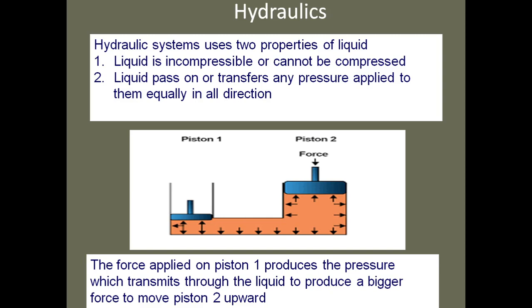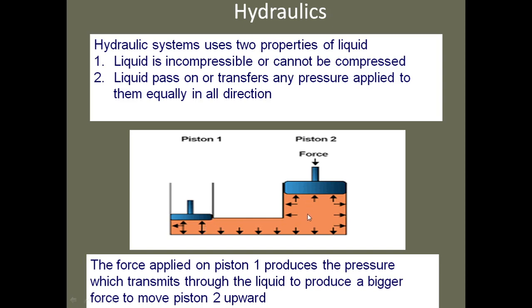They use 2 properties of a liquid in their operation. One is that liquid cannot be compressed. Another is that liquid passes on or transfers any pressure applied to it equally in all directions, like you can see on this diagram.